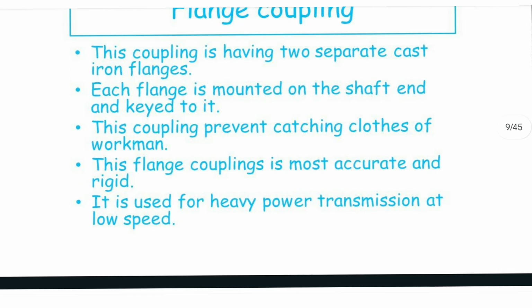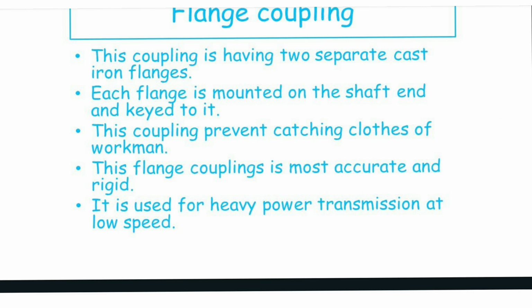Okay, flange coupling. This coupling has two separate cast iron flanges. Each flange is mounted on the shaft end and keyed to it. This coupling prevents catching clothes of workmen. Okay, this flange coupling is the most accurate and rigid coupling. It is used for heavy power transmission at low speed.